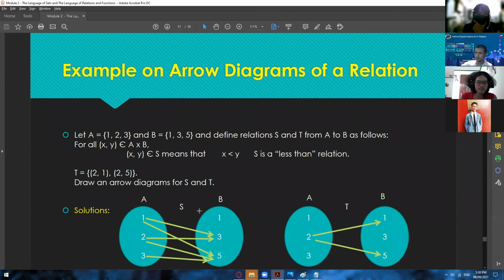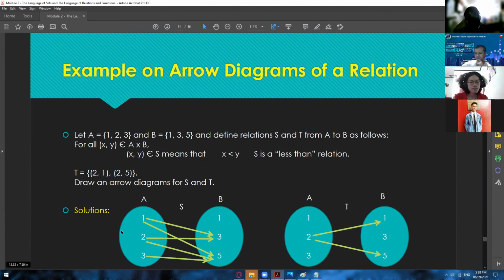Are you guys able to follow the set S or relation S? Hello?